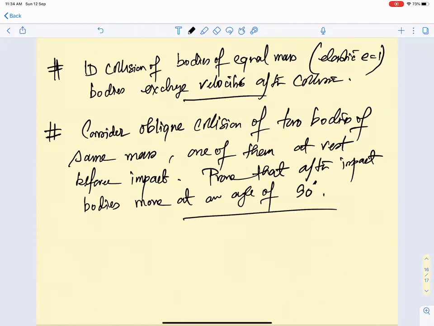That means the final velocity vectors make an angle of 90 degrees. It is a perfectly elastic collision, only in that case, a special case.